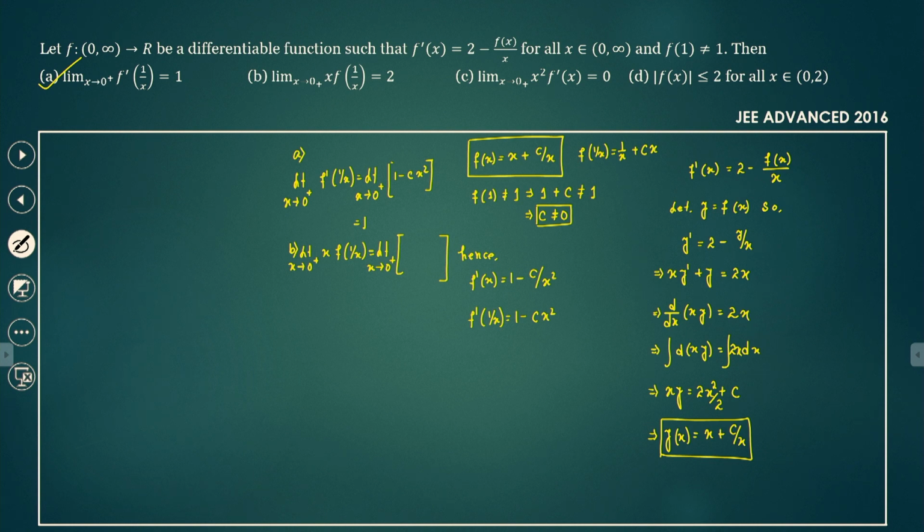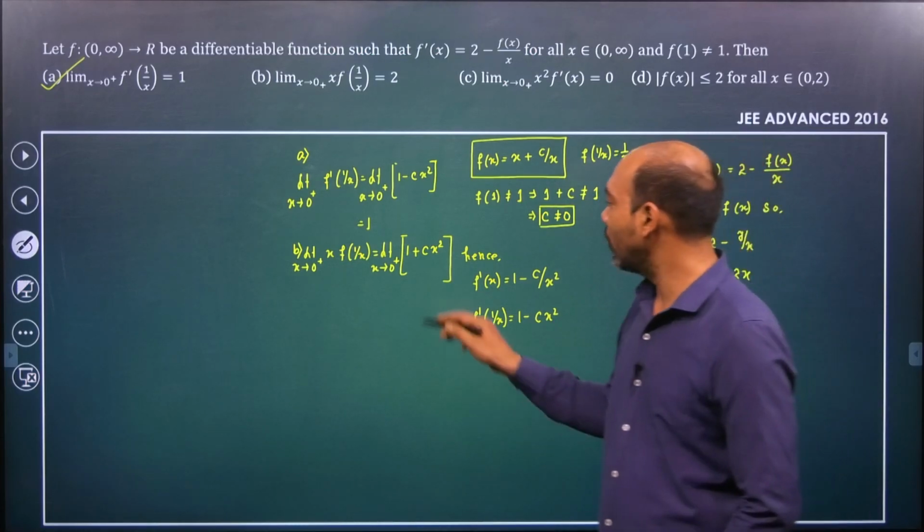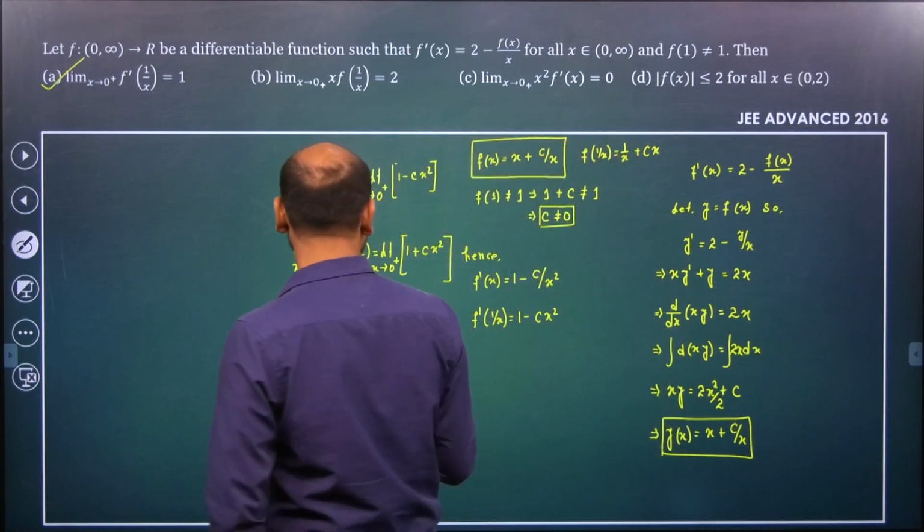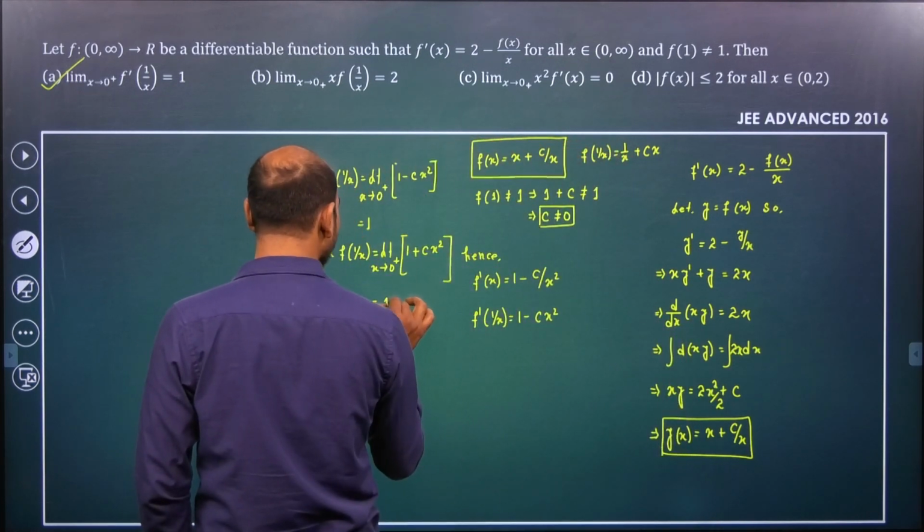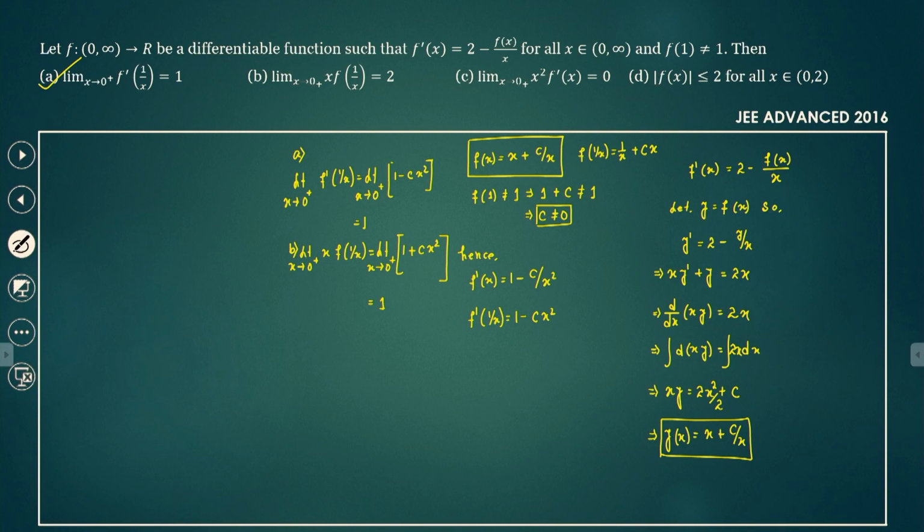Therefore, if I multiply x with that, we'll get 1 plus cx square. Now as x tends to 0 plus, it gives me 1, right? So the final value is 1. Here it is given as 2. So therefore it's false.